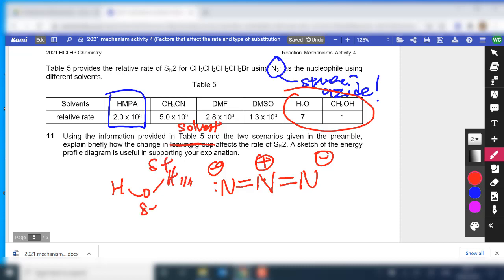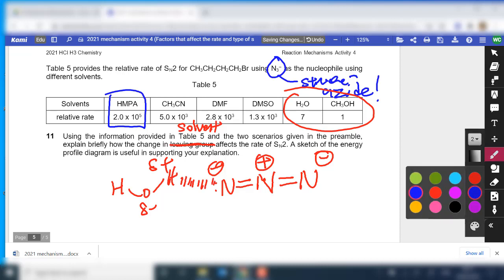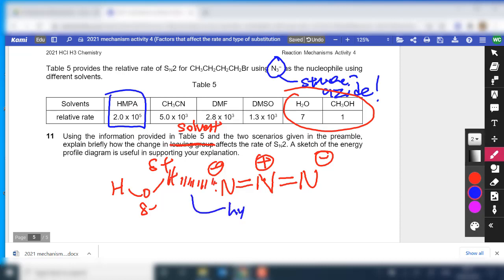Then dash. This is known as hydrogen bonds. Sorry, not hydrogen bonds. If you want to be more specific, it should be ion dipole. You can call it hydrogen bonds if you wish to. Ion dipole interaction.